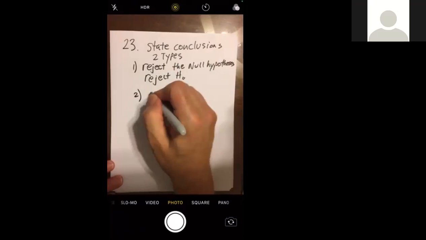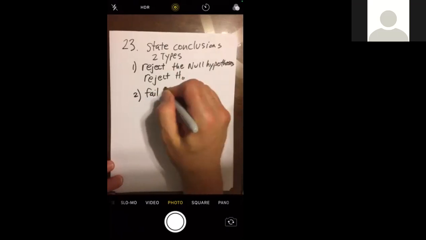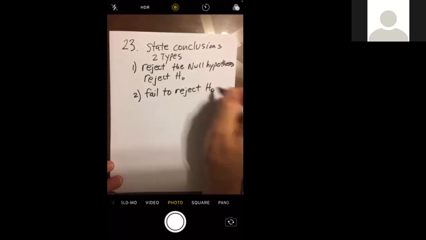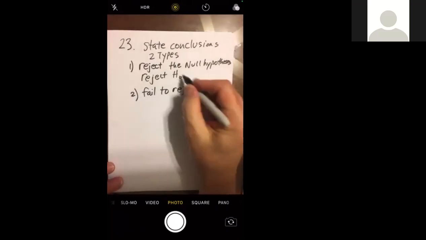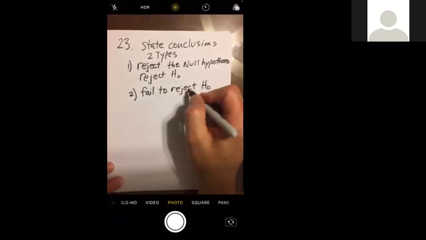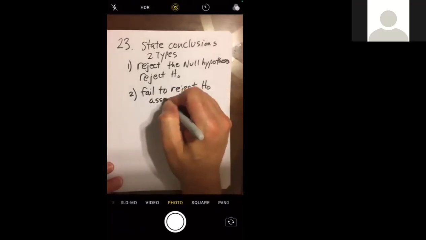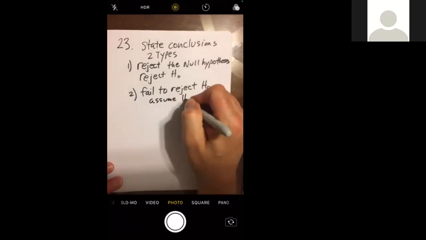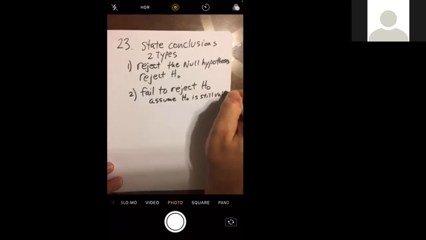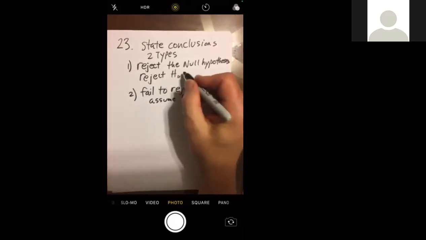Or number two, you can fail to reject H0. You do H0 in both types of conclusions. This would assume H0 is still valid. This would assume H0 is wrong now.